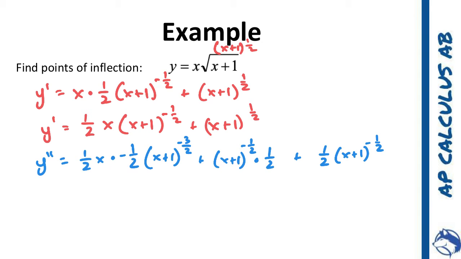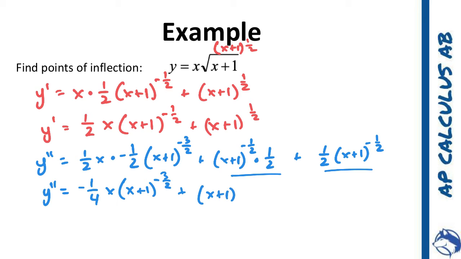And so then I want to simplify this here and make this look a little nicer. So this becomes negative 1/4 x times x plus 1 to the negative 3/2 plus, and then look at that, these two are going to combine together, they have a like term, so that just becomes x plus 1 to the negative 1/2.